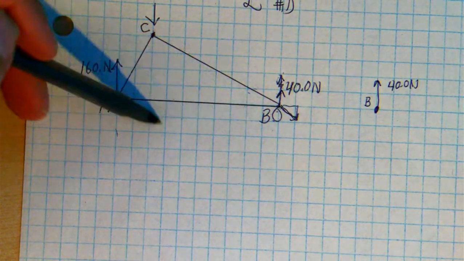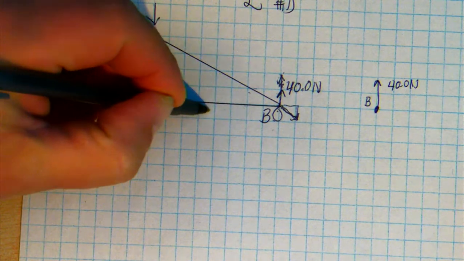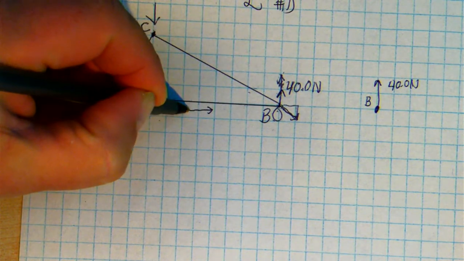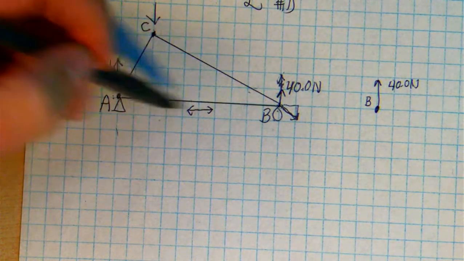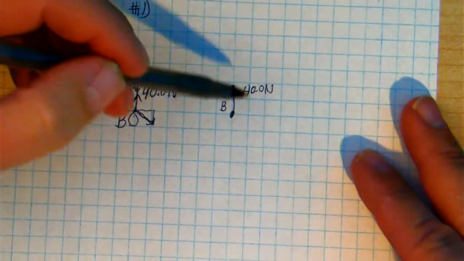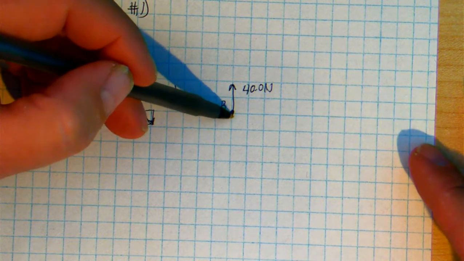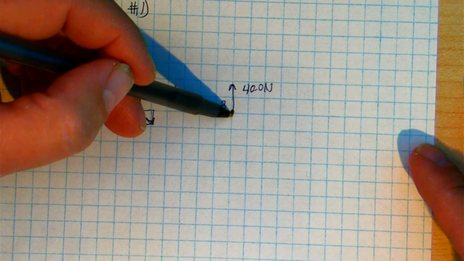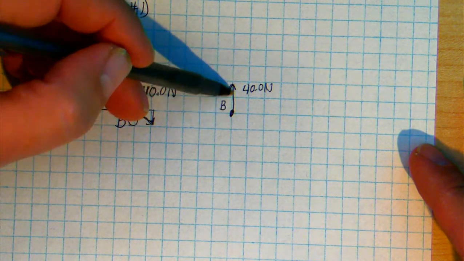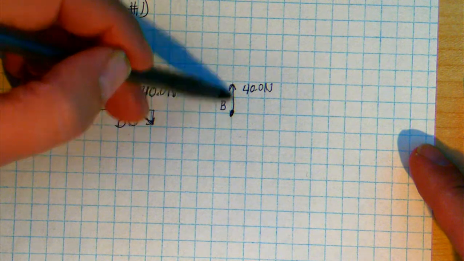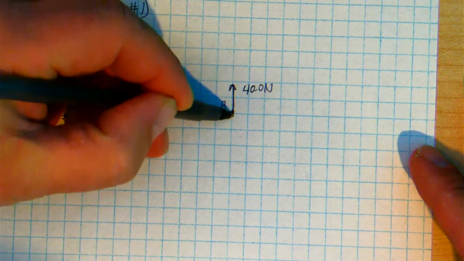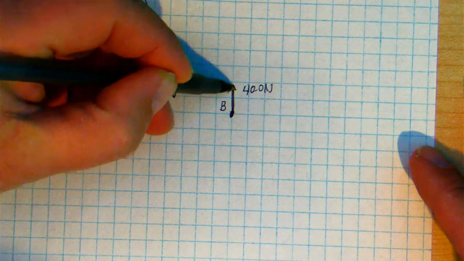Member AB is only capable of pushing apart or pulling together horizontally. And no matter how great the force is horizontally, that will have no effect on the force that is perpendicular to that. This is one of the principles I emphasize in my physics course.